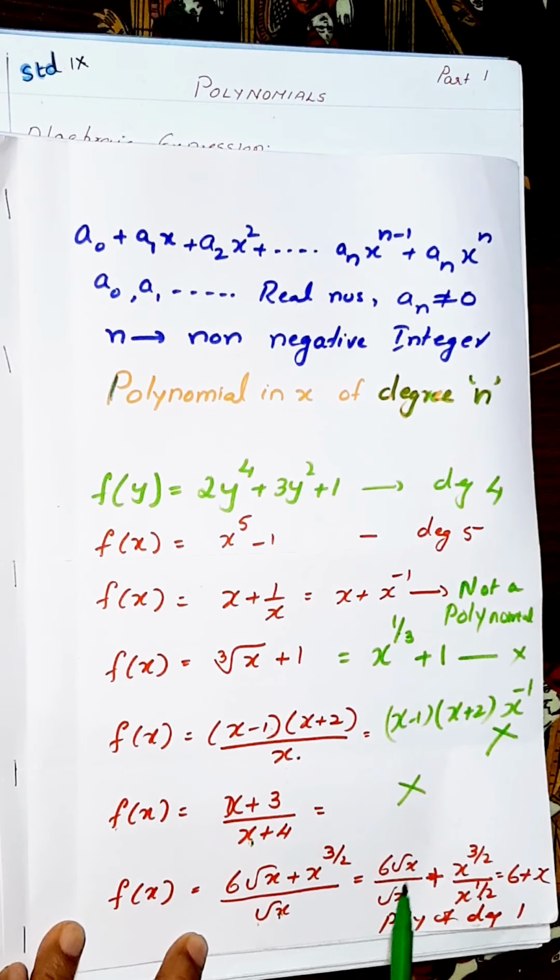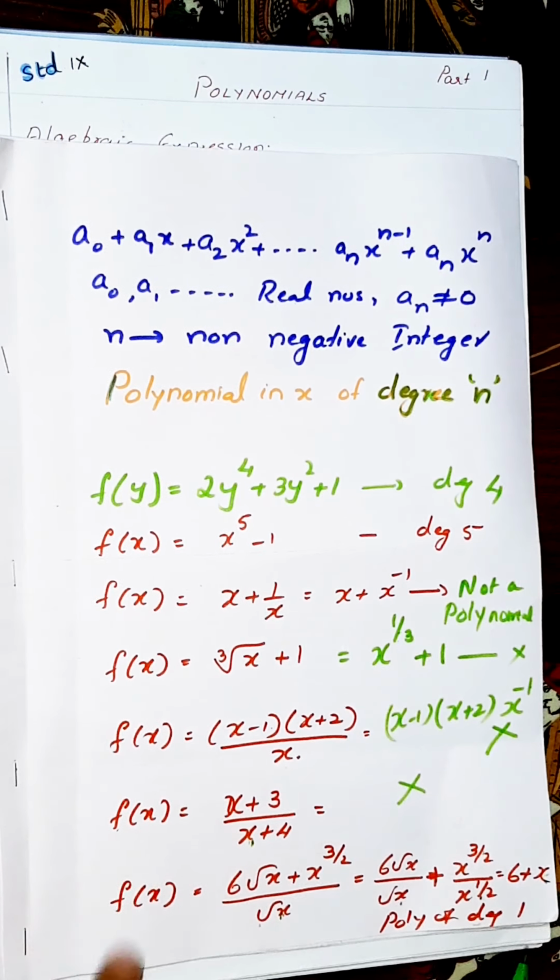So root x and root x get cancelled, and here 3 by 2 minus 1 by 2 will become 2 by 2, which is 1. So it becomes x. This expression reduces to 6 plus x. Now this is a polynomial, because your degree is 1 and it is positive. So it is a polynomial of degree 1.